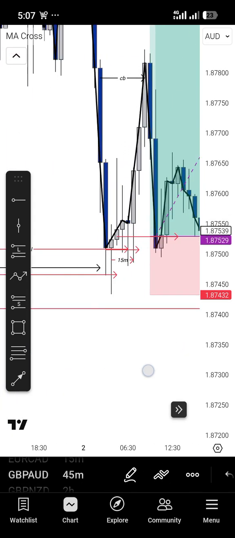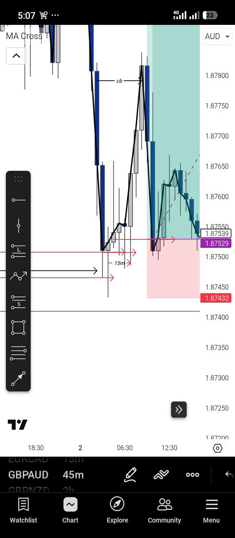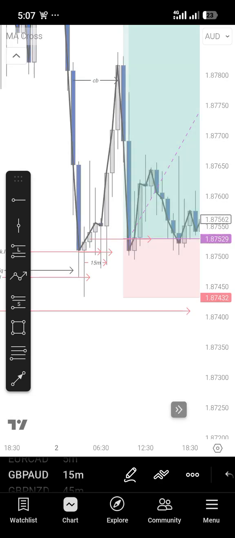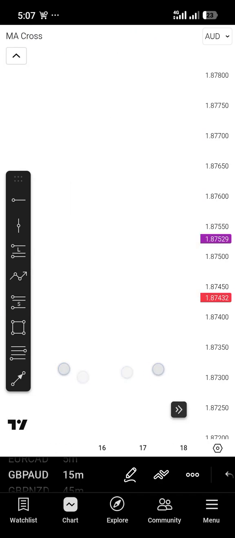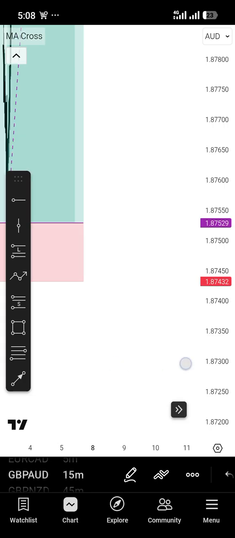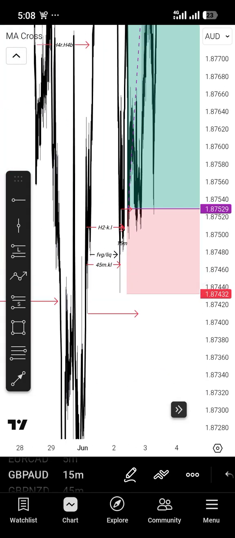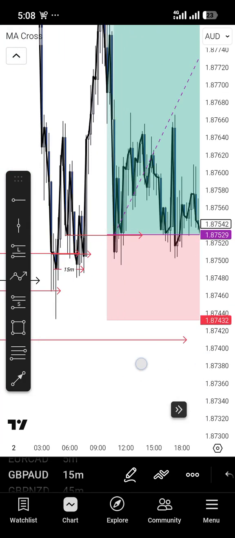So when we got to this sweep and that break, we had to now switch to 15 minutes, right? We switched to 15 minutes, and this is what happened. Now we are going to read what the market is doing.